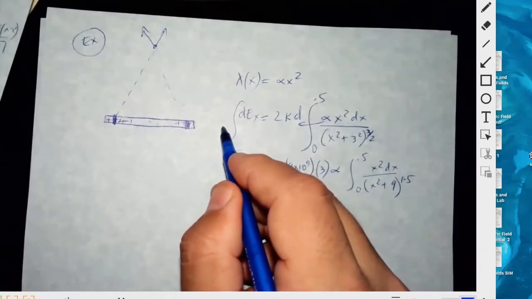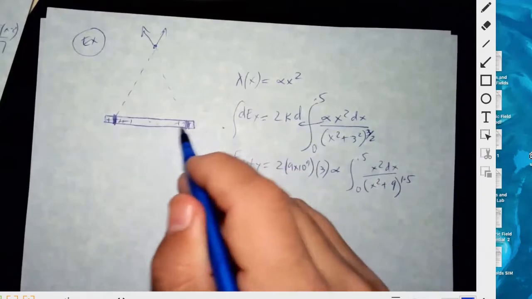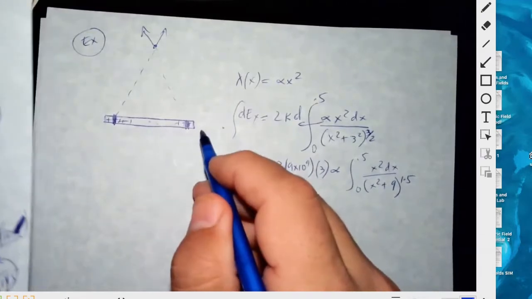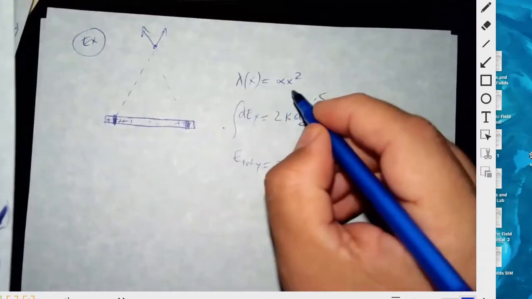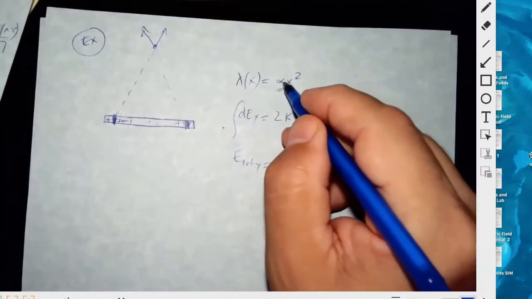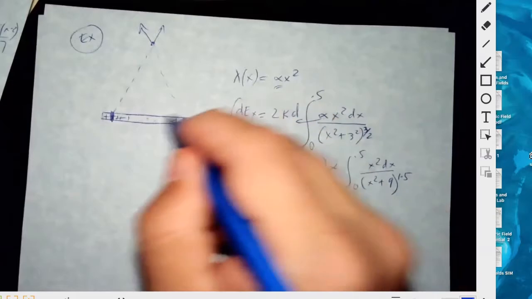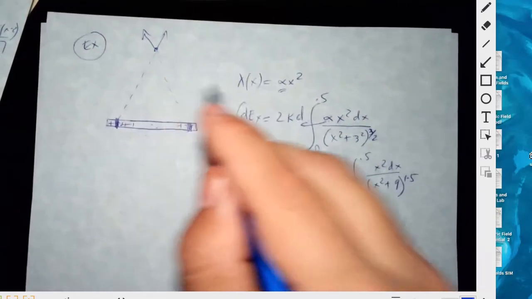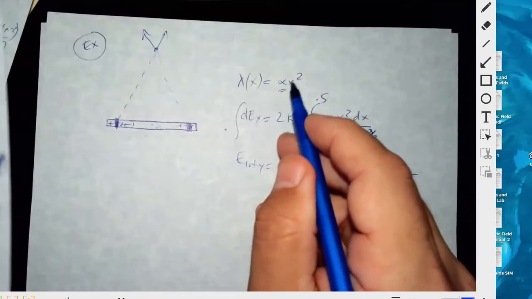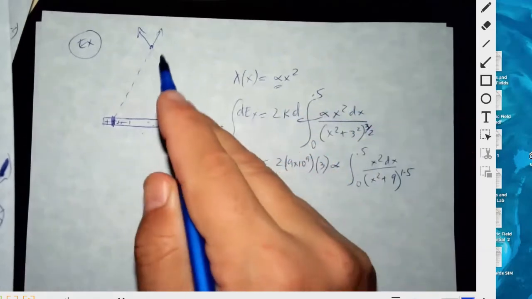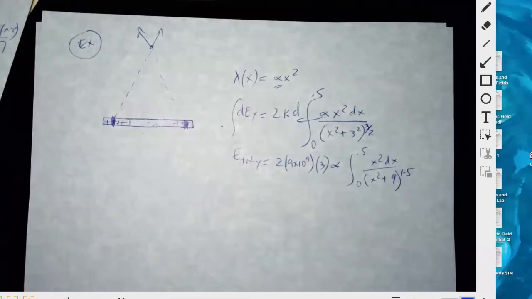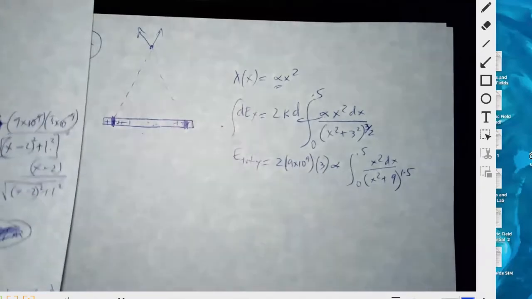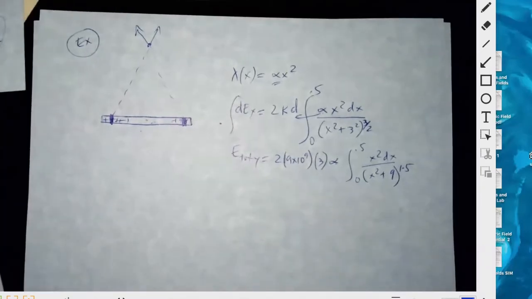So I don't have to find out again what the alpha needs to be. In other words, once I found the fudge factor for the charge of that rod, I don't need to find it again if I'm trying to find the E field there, you see? So where was that other one that we did?